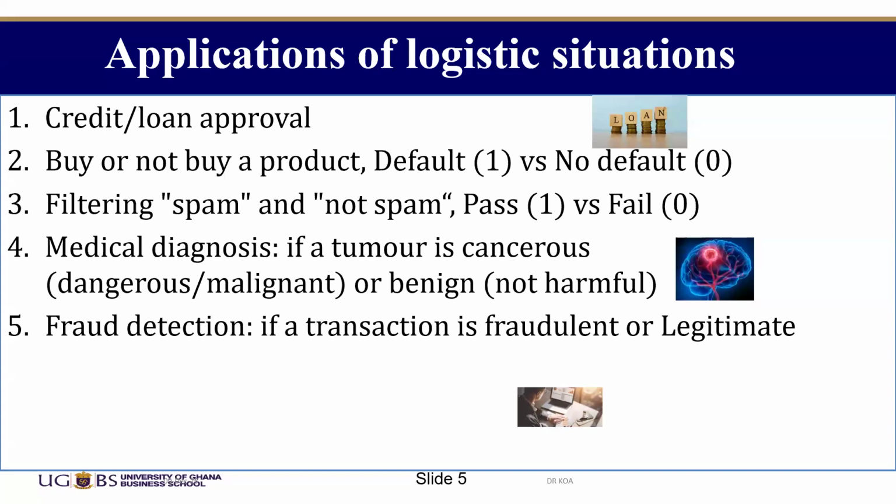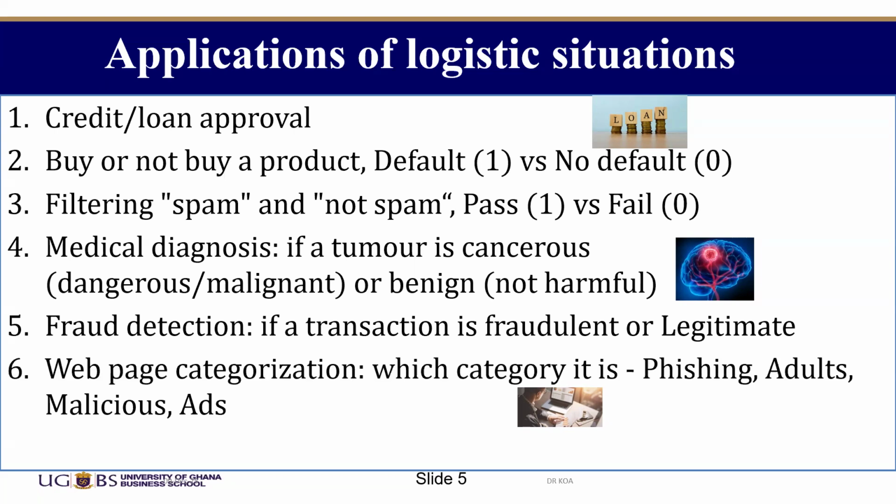For example, if somebody who has not been taking money from the bank all of a sudden comes to take 10,000, and the next day comes to take 20,000, then you know very well something might be wrong. You want to double check what shows that this particular transaction is fraud. Fraud detection is an application of the logistic situation.